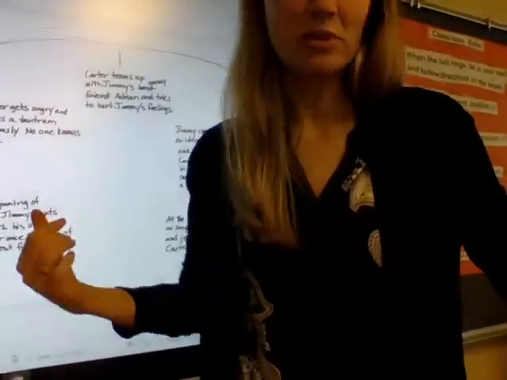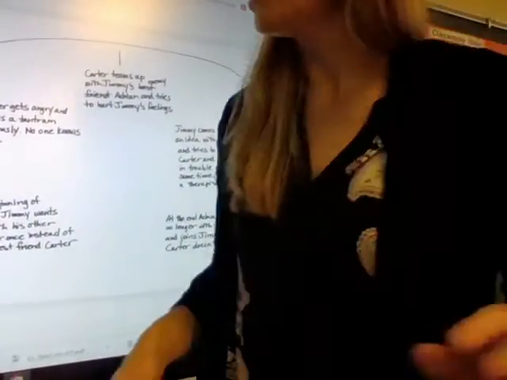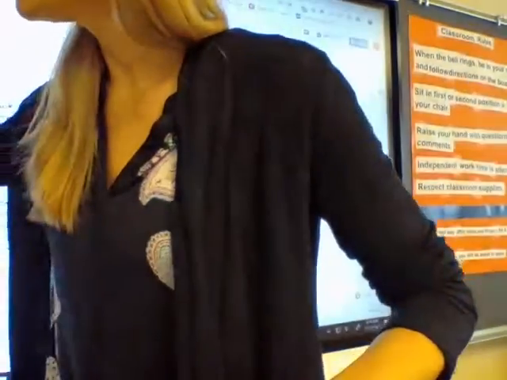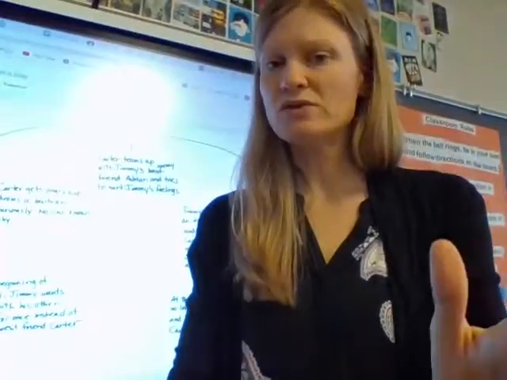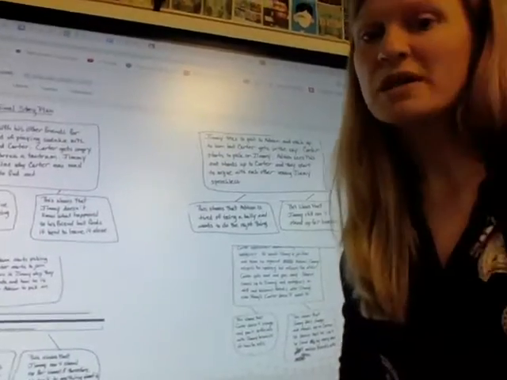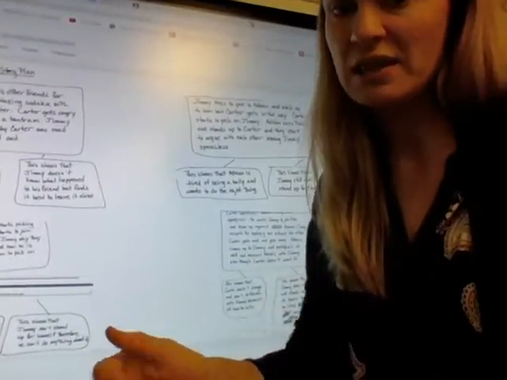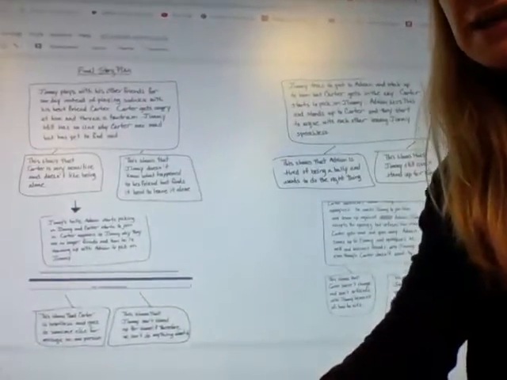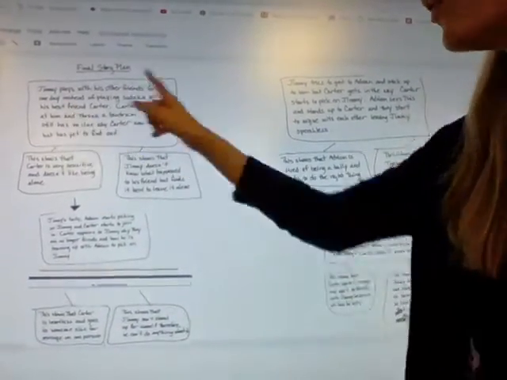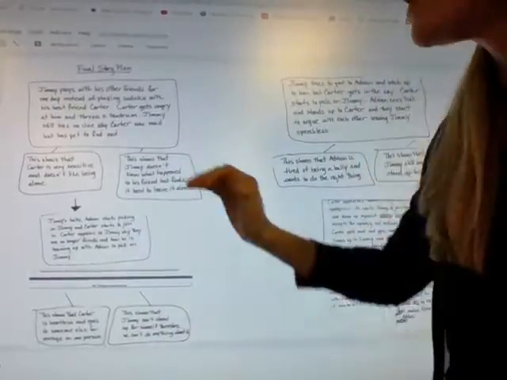So here's an example of a storyline that somebody started with, and then they went back to review and said, is this really the best storyline? They moved on and found some holes in their storyline and came up with a different plot line. And this plot line is more like a flow map, which you guys are familiar with. We did these a lot in A Christmas Carol.